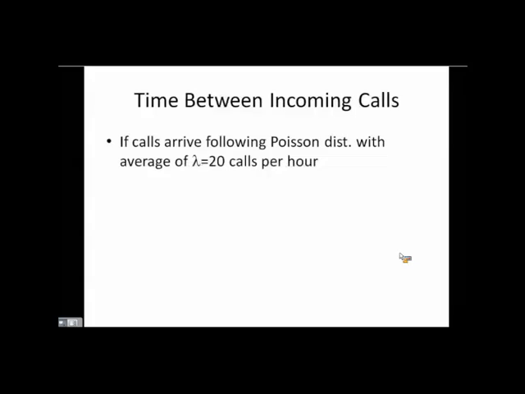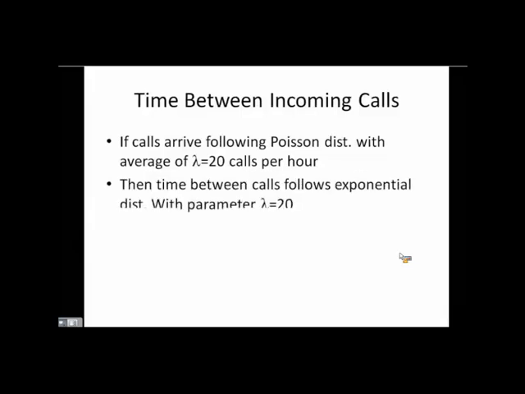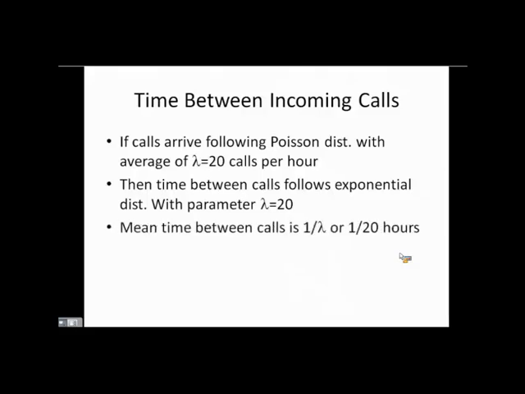So if calls come in with an average of 20 calls per hour, the time in between calls follows an exponential distribution with the same parameter, lambda equals 20. The average time in between calls is going to be 1 over lambda. Lambda is still the parameter, but the average now is 1 over lambda, or 1 over 20 hours, which is 3 minutes. Okay, it turns out again from the math that the standard deviation in this case is also going to be equal to 1 over lambda.